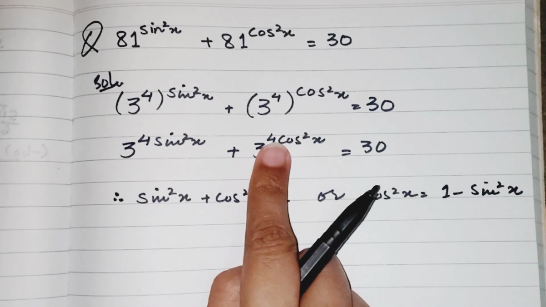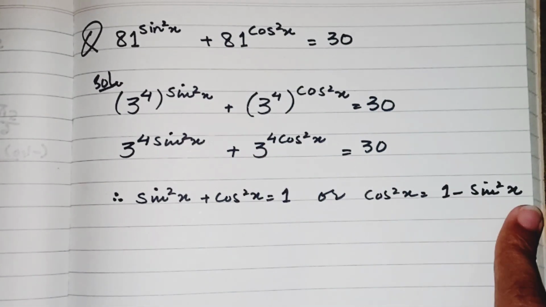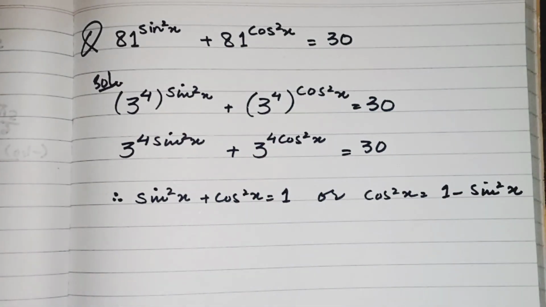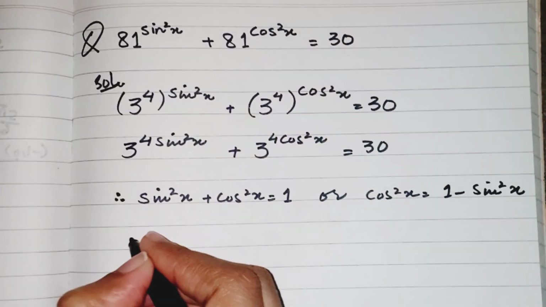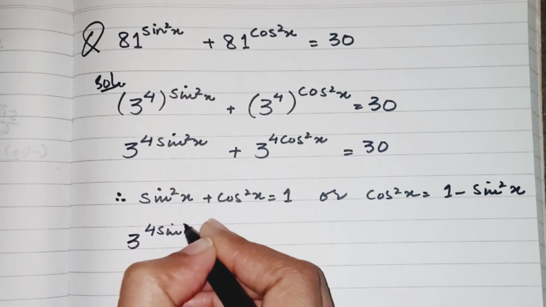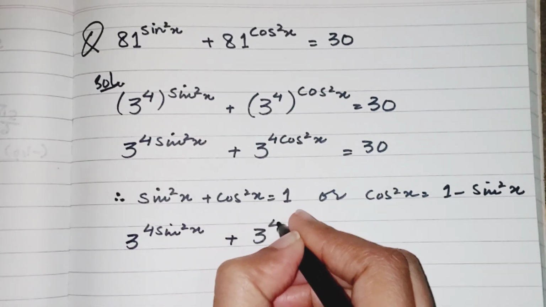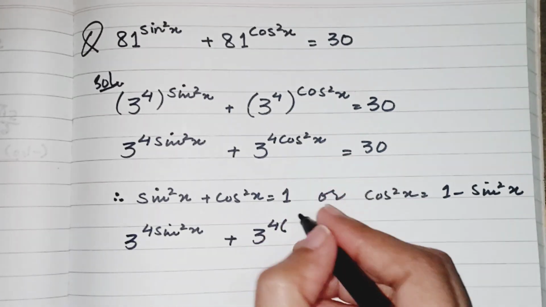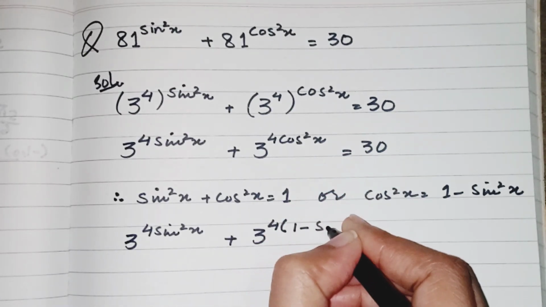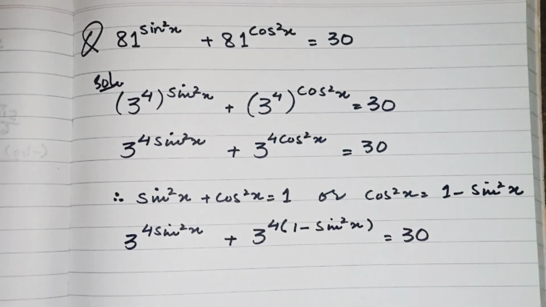So in place of this cos²x I will write 1 minus sin²x. 3 power 4 sin²x plus 3 power 4, in place of cos²x I have to write 1 minus sin²x, equals 30.